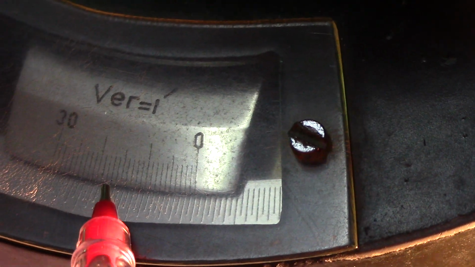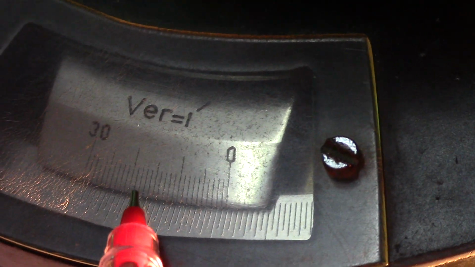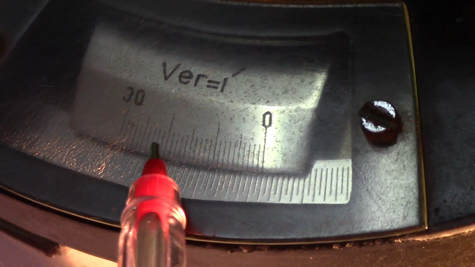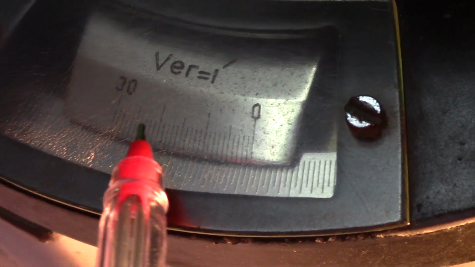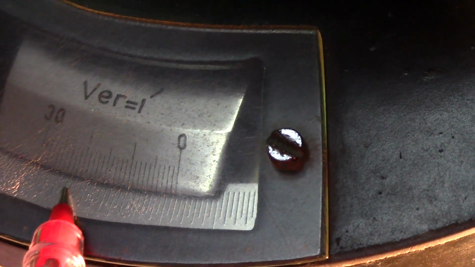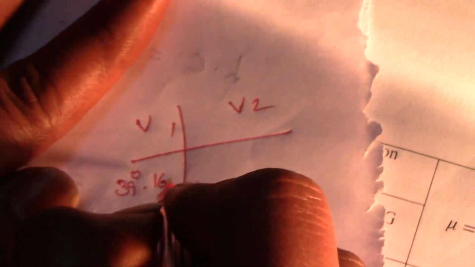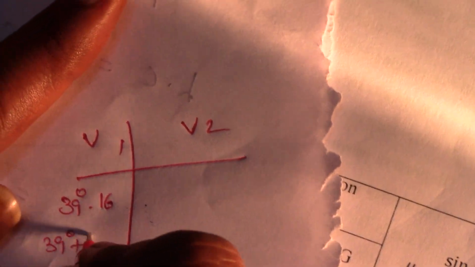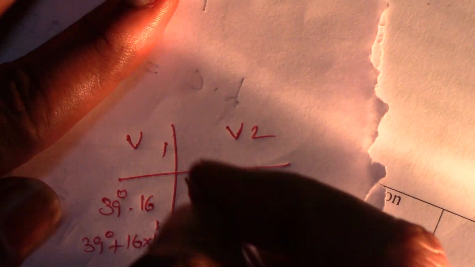Hence MSR is 39 degrees and vernier coincidence is 16 minutes. The 16th line of your vernier scale coincides with some line of your MSR. Hence the vernier coincidence is 16. So 39 degrees plus 16 into least count.